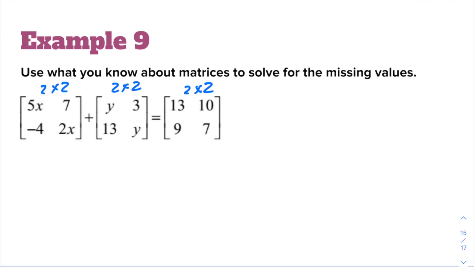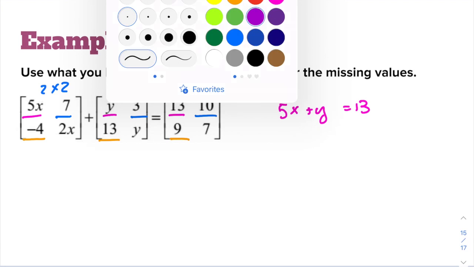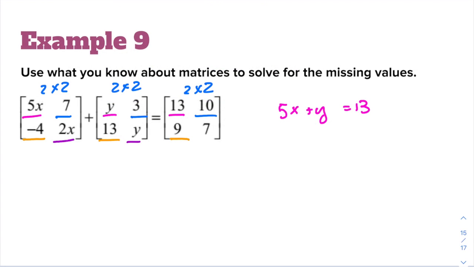So 7 plus 3 equals 10. That works. -4 plus 13 equals 9. So that works. That means I could do 5x plus y equals 13. And then I could also do 2x plus y equals 7.